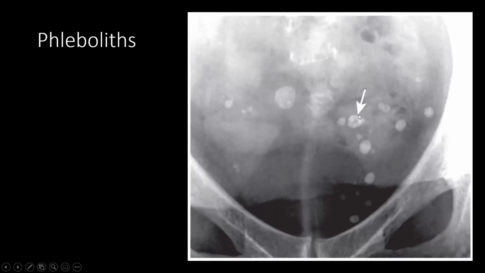So how do we distinguish between these calcifications and the calcifications in the collecting urinary system? We see that they include a nidus, which is more lucent, more black, if we can say, than the surrounding covering of this phlebolith. So this calcified thrombus will have a surrounding opacity and a central lucency.